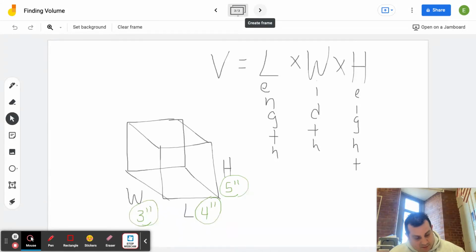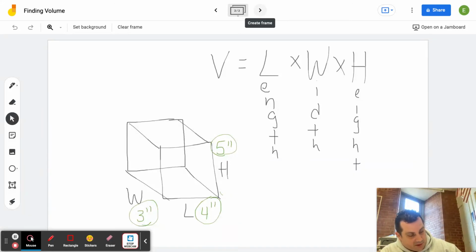Actually, I'm going to put that a little higher. I'll erase that. That's height. I'll make sure I use the same color. So there's height, and we said the height was 5 inches. Okay, so now we have all the dimensions labeled.